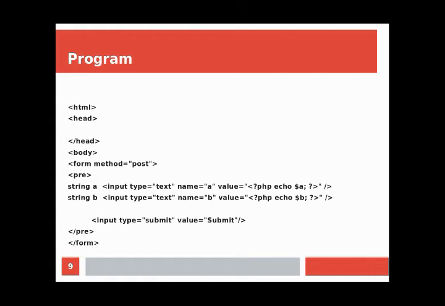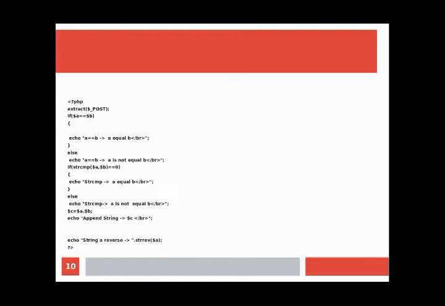That means we are displaying the values of A and B. Here input type equal to "submit", we have taken the submit button, and value is again "submit", and close that tag, then close the pre and close the form.